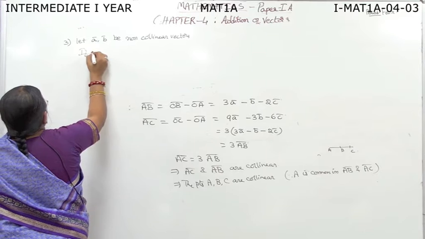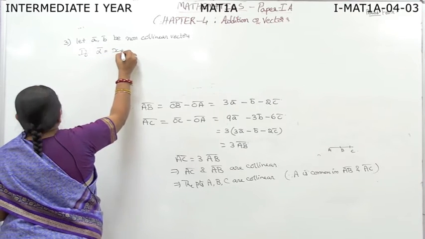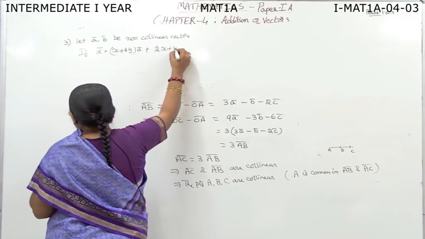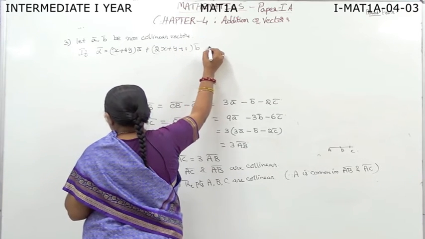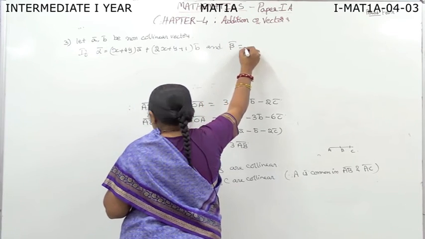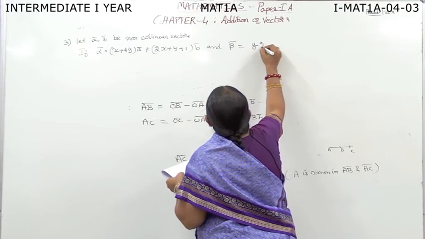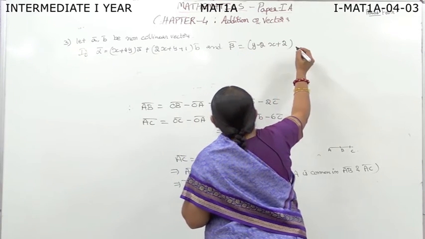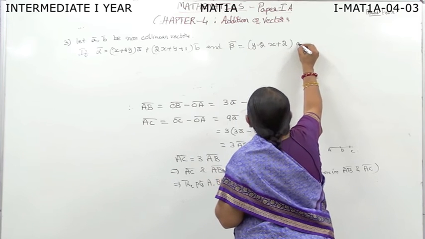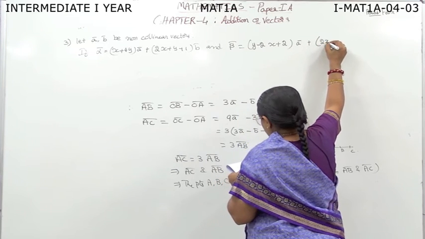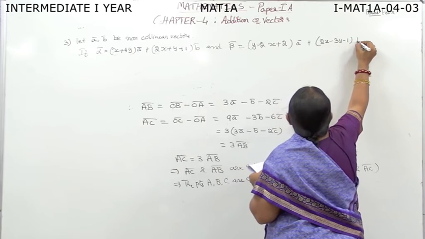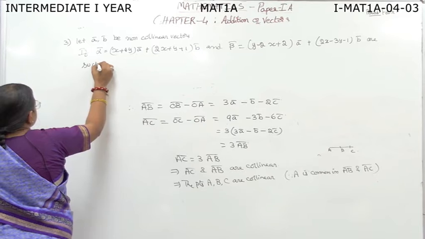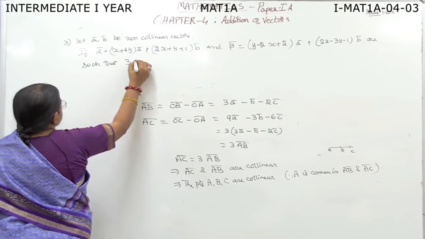If alpha is equal to x plus 4y into A plus 2x plus y plus 1 into B, and beta is equal to y minus 2x plus 2 into A plus 2x minus 3y minus 1 into B, are such that 3 alpha is equal to 2 beta.